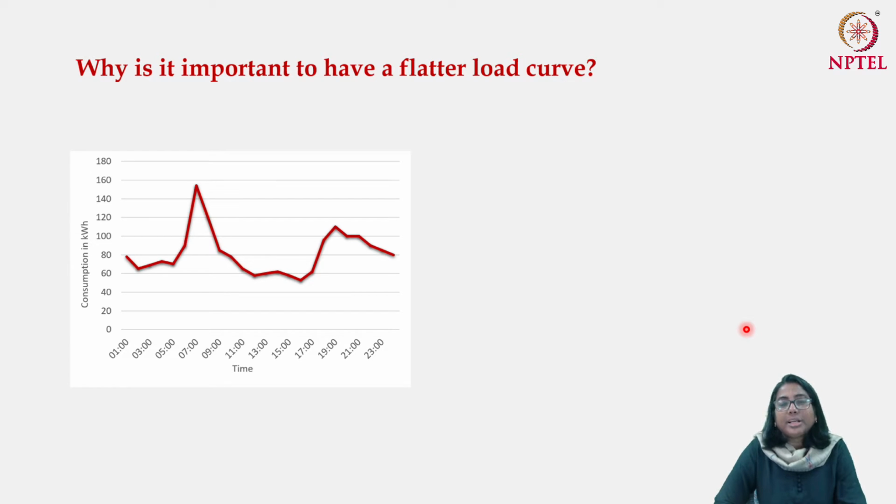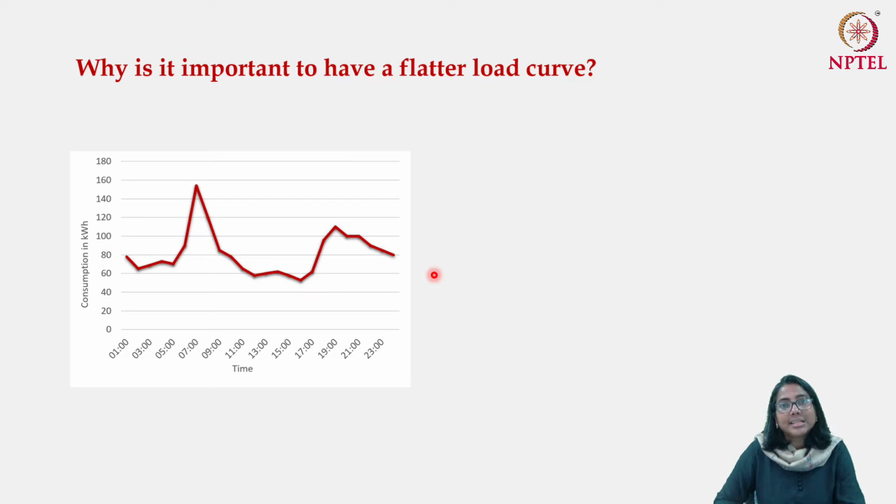Next, the point that we are going to discuss: why is it so important to have a flatter load curve, where you have less difference between the peak hour demand and the off-peak hour demand? You will later see that this is one of the main objectives of load management.